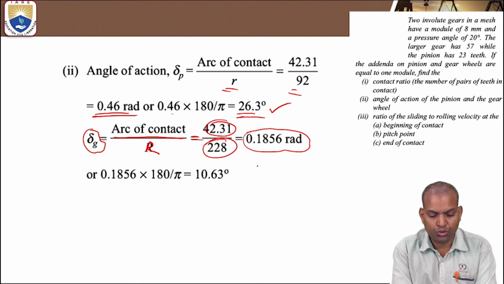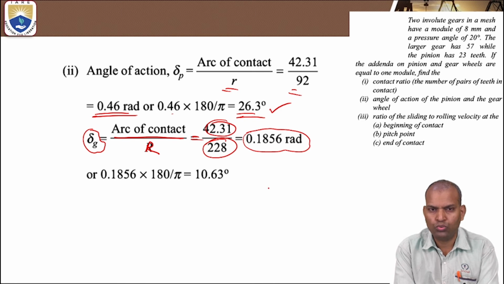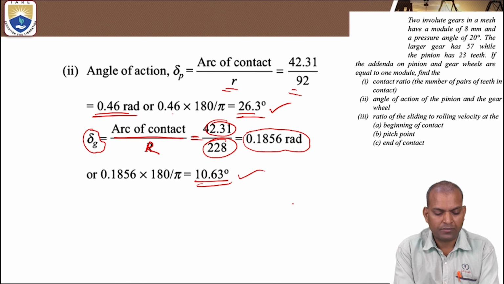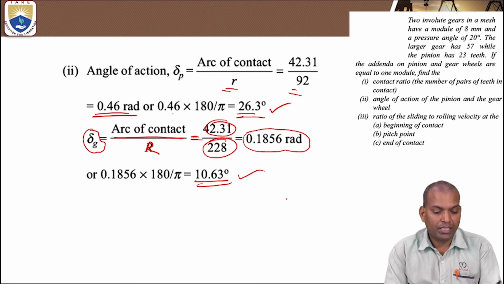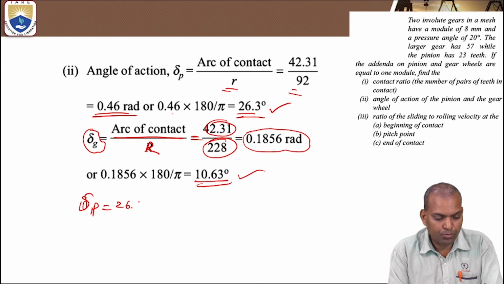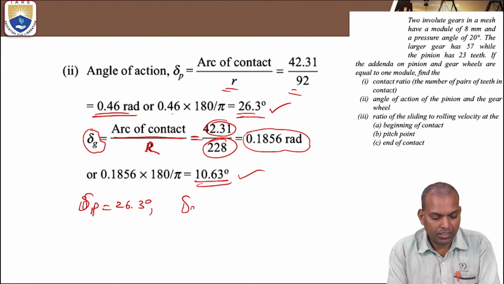Convert 0.1856 radians into degrees: 0.1856 into 180 by pi. That is 10.63 degrees. The angle of action for the pinion, delta P, equals 26.3 degrees. For the gear it equals 10.63.